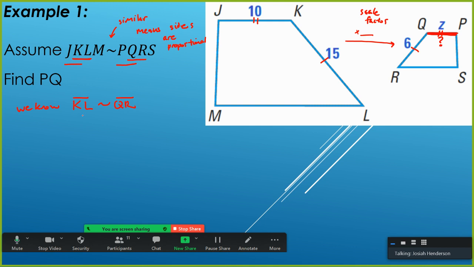That's the 15 and the 6. So 15 times, usually we write little k for scale factor, I'm just going to write scale factor, the whole word's there. 15 times the scale factor, if we knew that number, equals 6.